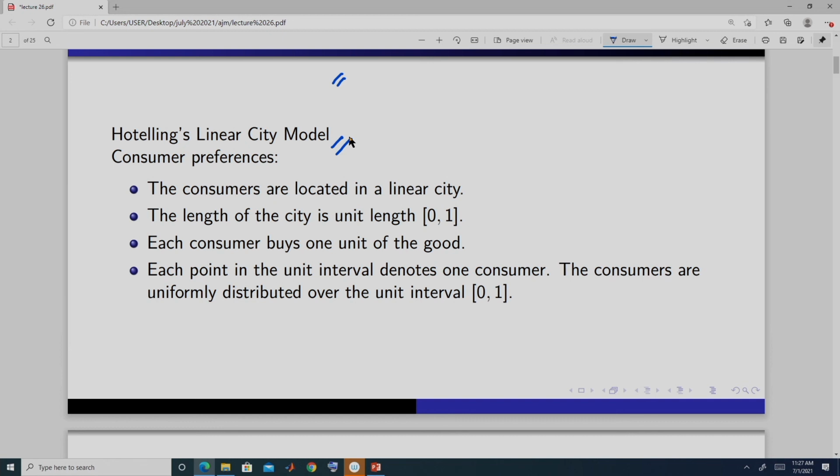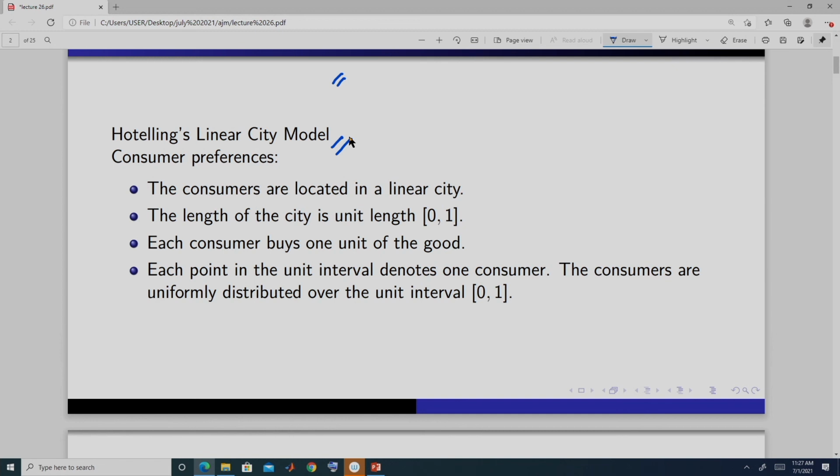So, Hotelling's linear city model is mainly about location. Think of a stretch of unit length, and there are some ice cream parlors. The ice cream parlors sell a similar kind of ice cream, but they can vary based on the location in that stretch, of 1 kilometer you can think.